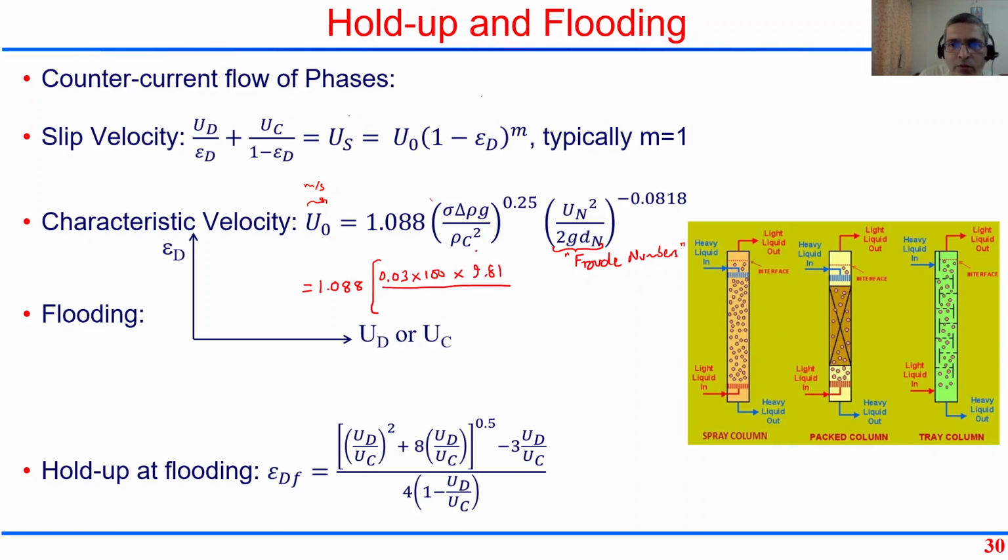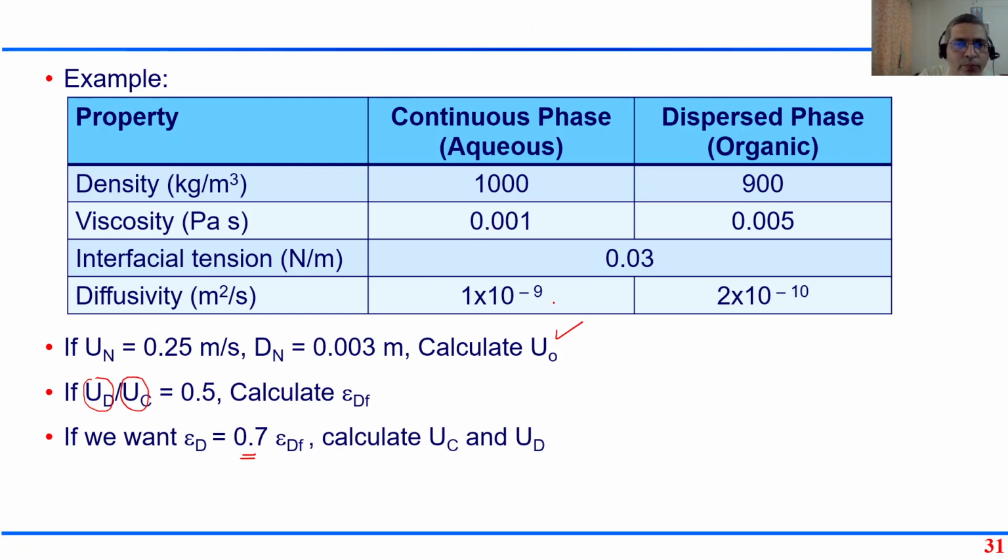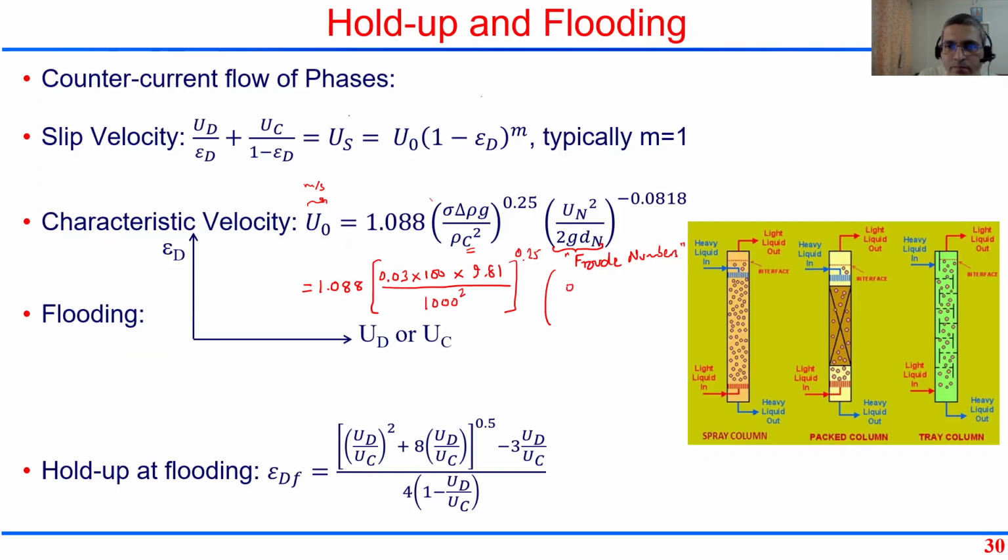Rho c, the density of the continuous phase, which is now the aqueous phase, 1000 square, raised to 0.25, times 9.81, nozzle diameter 0.003. This is raised to a very small exponent.